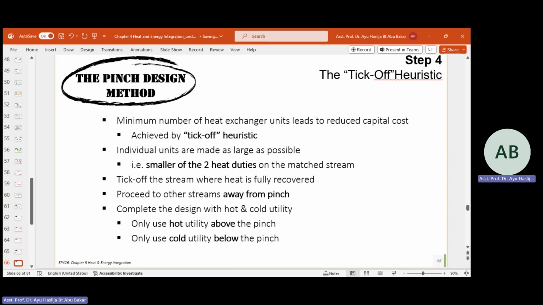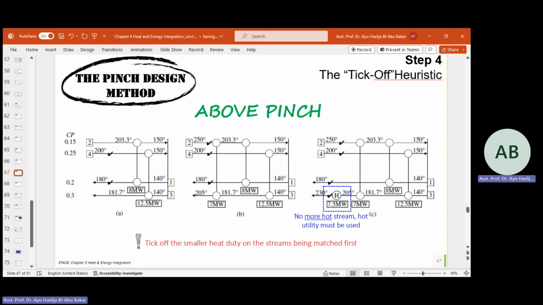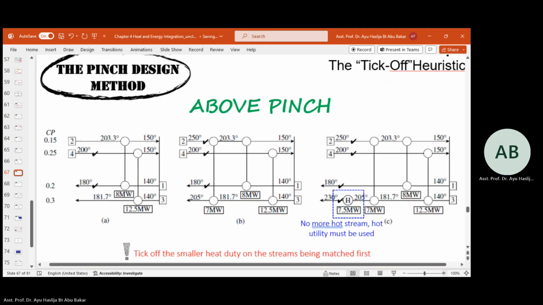Now next step. Step 4, to tick off the heuristic. Minimum number of heat exchanger units leads to reduced capital cost, so we must find the minimum number of heat exchangers. Now, focus on above pinch.